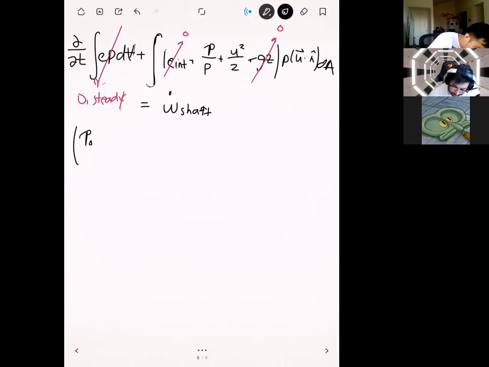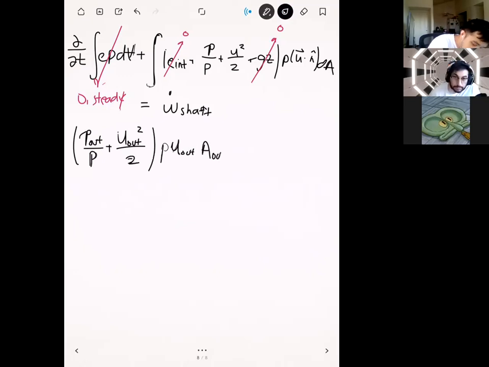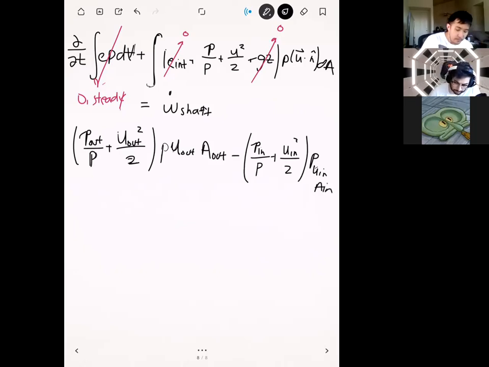We get P out divided by rho plus U out squared divided by 2, times rho U out A out, minus the same things at the inlet, P in divided by rho plus U in squared divided by 2, times rho U in A in, and all this is equal to W dot shaft.